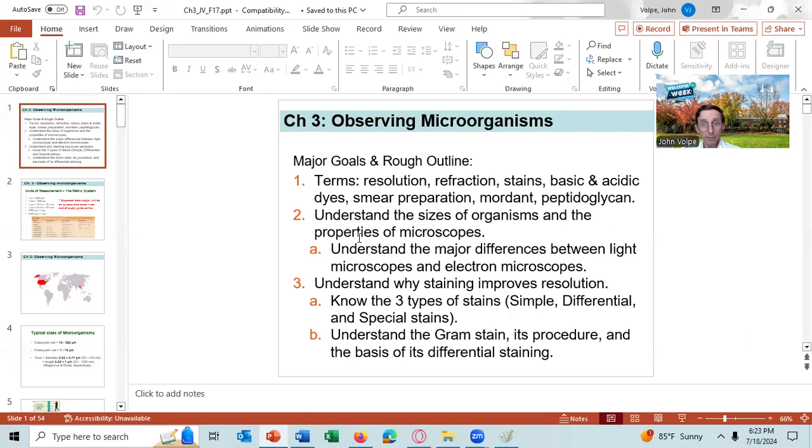Understand the major difference between a light microscope and an electron microscope. 3, understand why staining improves resolution. And know 3A that there are 3 different types of stains: a simple stain, a differential stain, and a special stain. And then 3B, understand what the Gram stain is, its procedure, and the basis of its differential staining. Any question about the major goals on the rough outline?